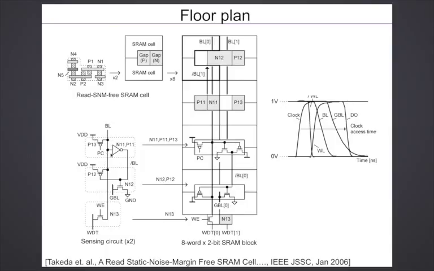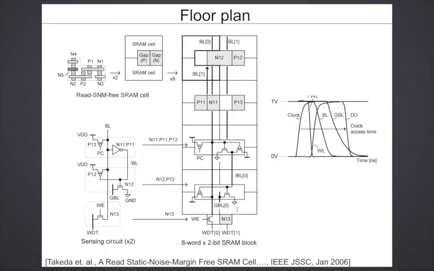Now, when the bit line goes low, this inverter, the sensing inverter, N11, P11, turns on. When it turns on, they have this global bit line. Every group of 8 cells connects to a global bit line. The global bit line is running vertically. Local bit line, global bit line. The local bit line connects 8 cells in a column.